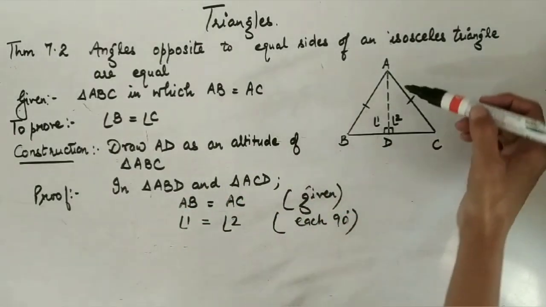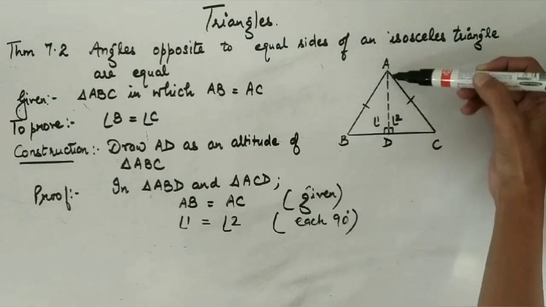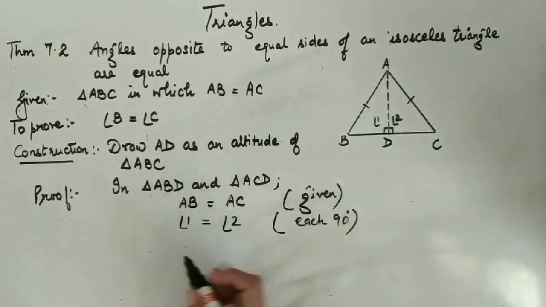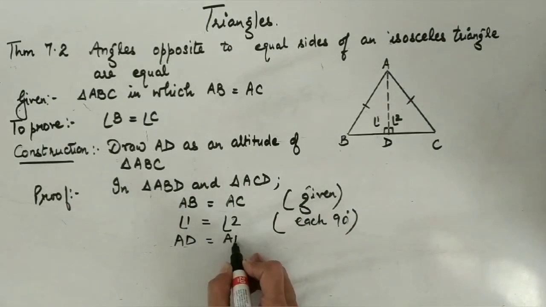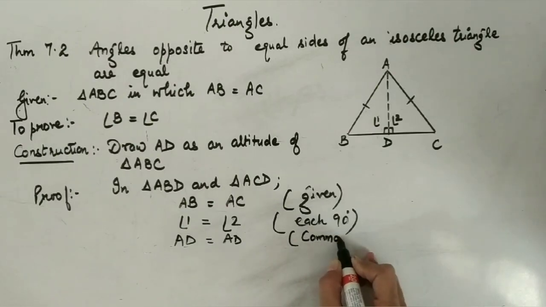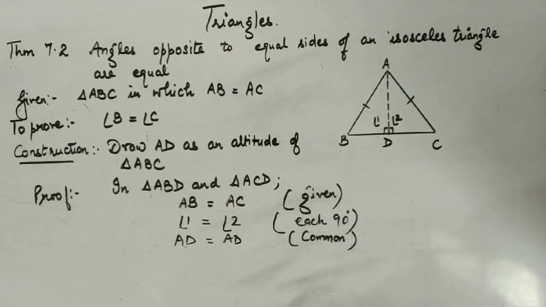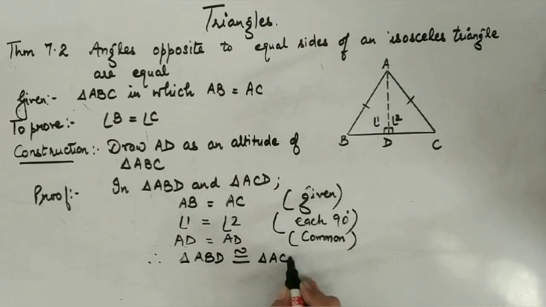Another thing which we observe, ADB has got side AD and ADC has also got side AD. Side AD is equal to AD, that is the common side. Therefore, triangle ABD is congruent to triangle ACD.